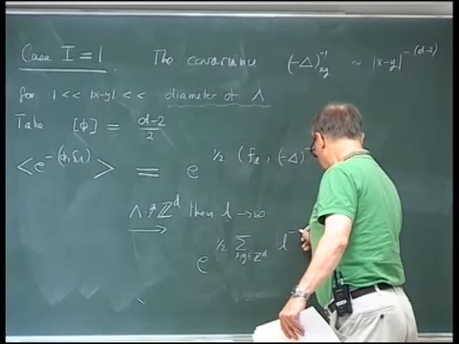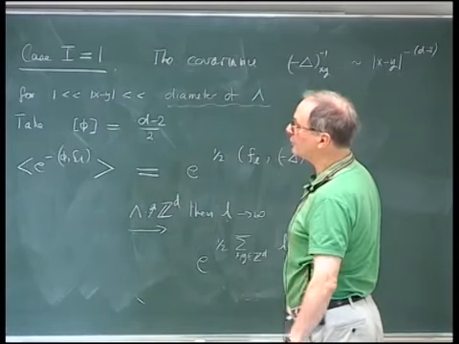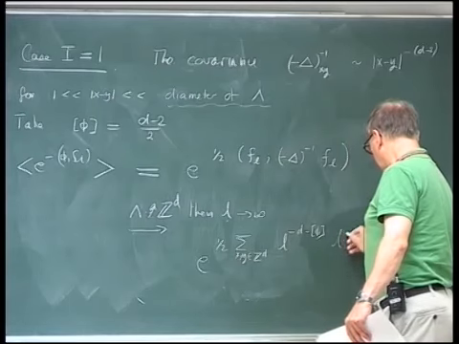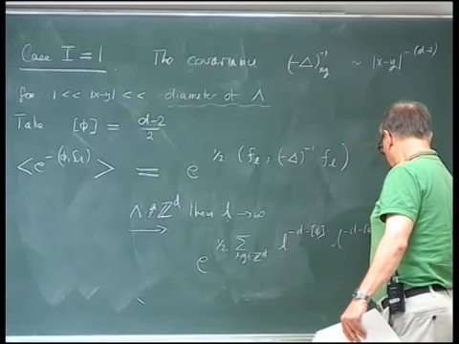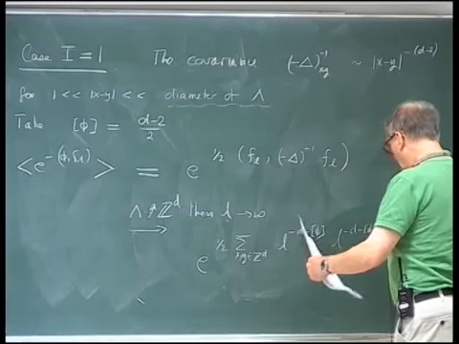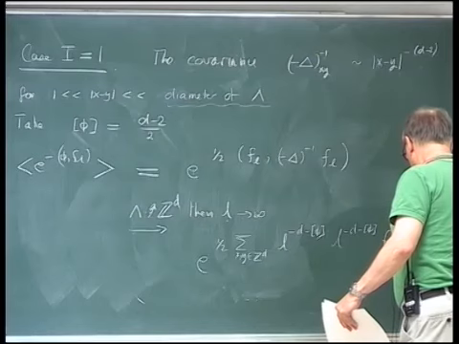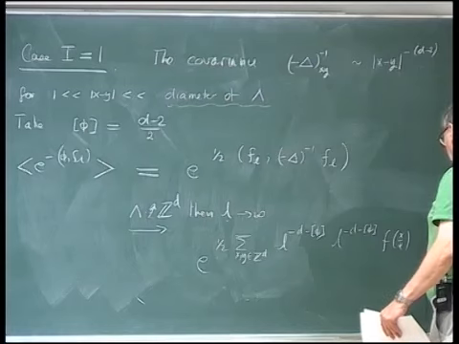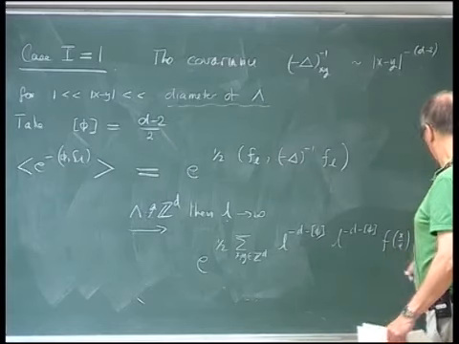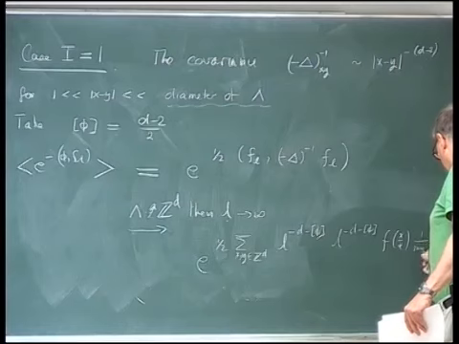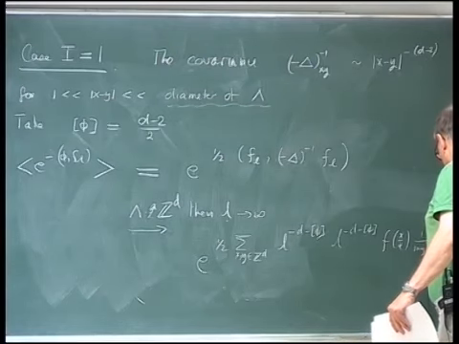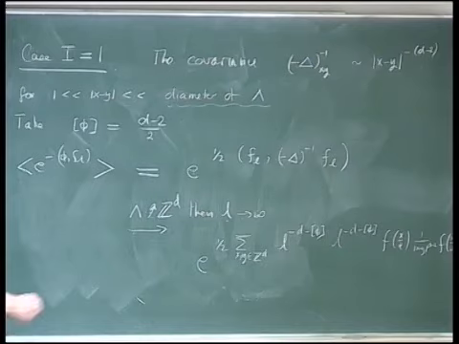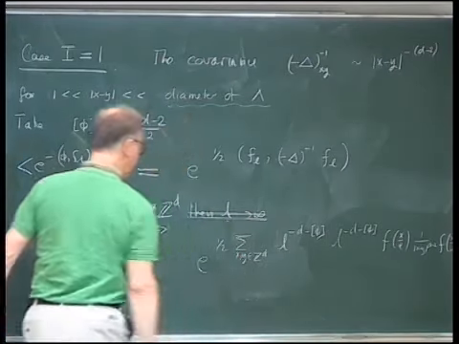L to the minus d minus phi, and then there's another one, L to the minus d minus phi. And then there's an f of x over L, and there's an f of y over L. And then there's this asymptotic law, 1 over x minus y to the power of d minus 2. So we're interested in this. I guess I haven't taken L to infinity yet. I'm going to do that now.